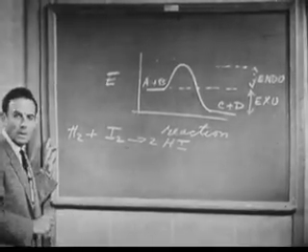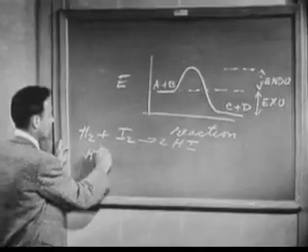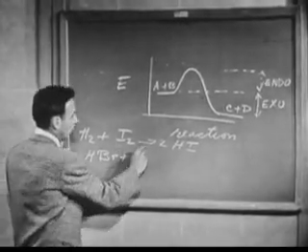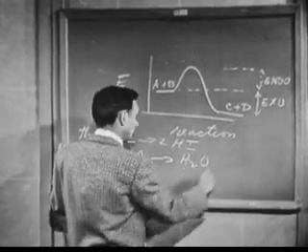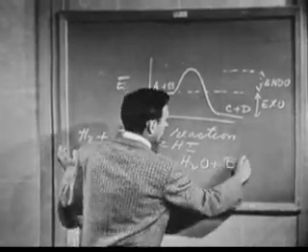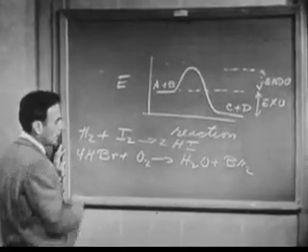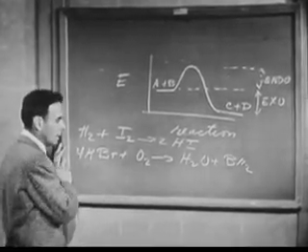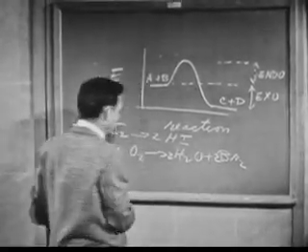Now I'll contrast that to some other reactions. For instance, the reaction by which HBr reacts with oxygen to give H2O plus bromine. This reaction, when balanced, involves 4 HBr and 1 O2 giving 2 H2O and 2 bromines.